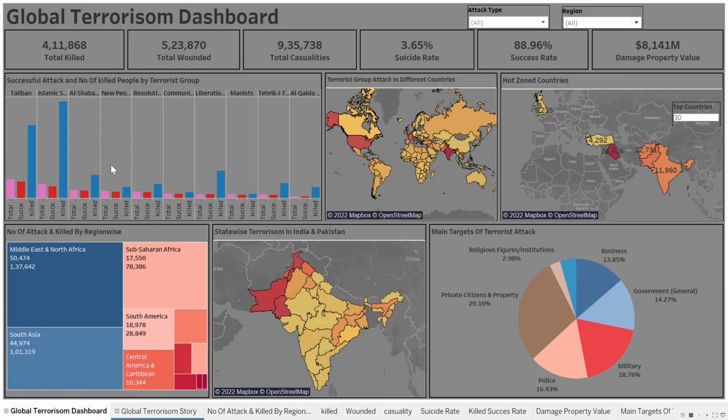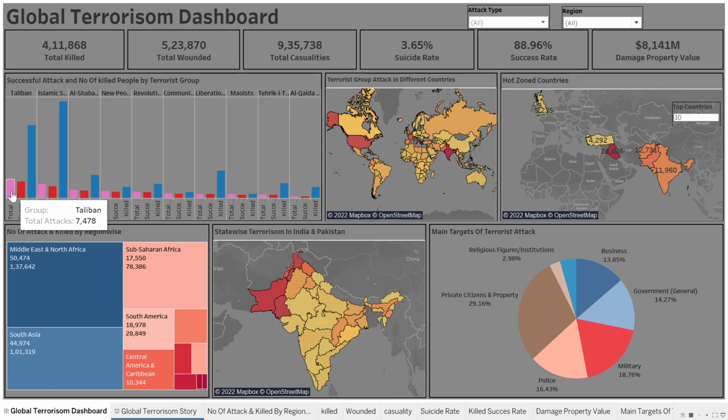Okay, go to the first graph, which shows successful attacks and the number of people killed by terrorist groups. As we see for the Taliban group, the pink color is for total attacks, the red color for successful attacks, and the blue color for killed people.